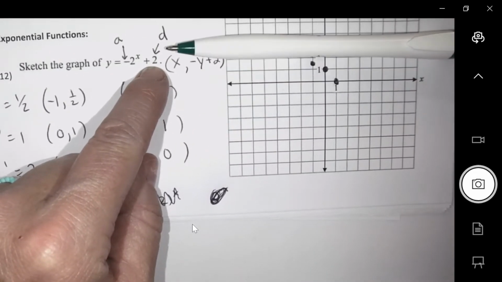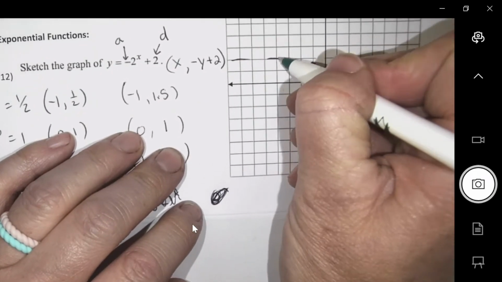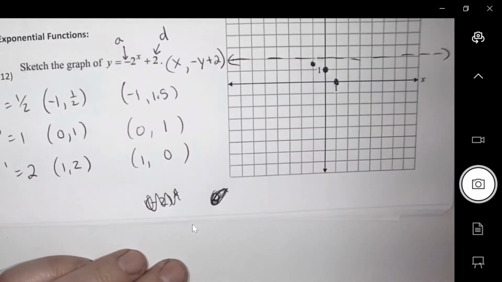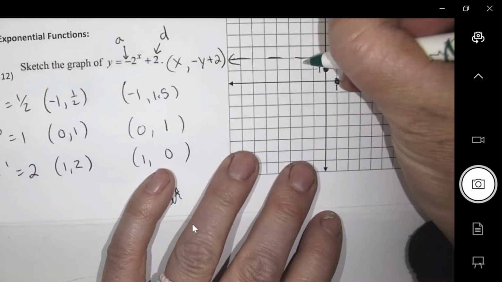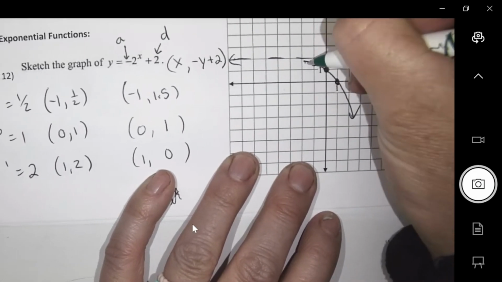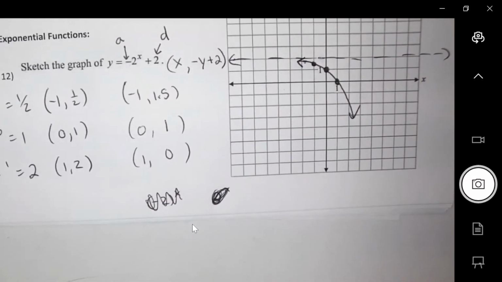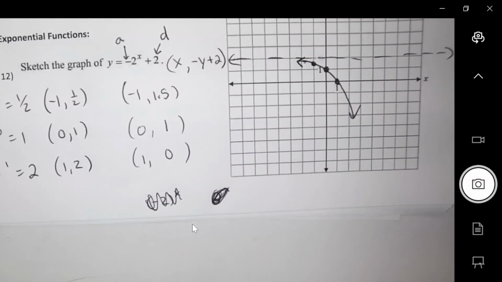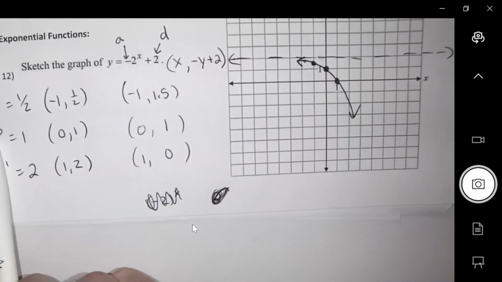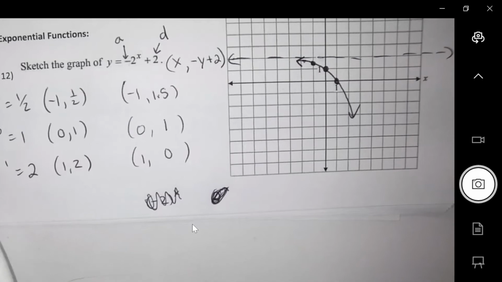Up to. And again, if you're like, I maybe don't quite see it, do a couple more points. So start here and go back, like go 2 to the negative 2, 2 to the 2, 2 to the 3. Do a few more points then. Okay?